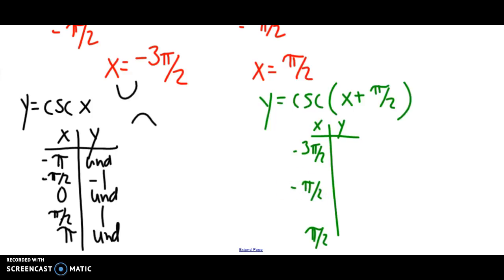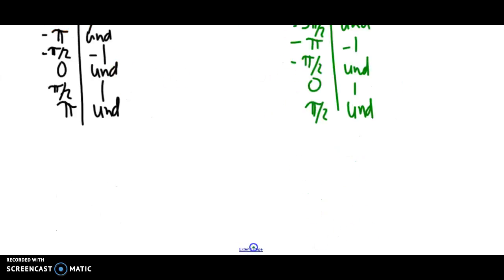Halfway between negative 3 pi over 2 and negative pi over 2 is going to be negative pi, and halfway between negative pi over 2 and pi over 2 is going to be 0. So what are my y values then? Well, we said they're undefined, negative 1, undefined, positive 1, and undefined. And so now we can use this right here to sketch our cosecant graph.